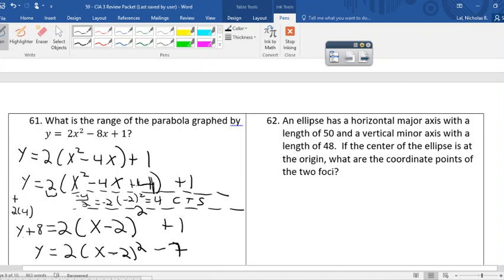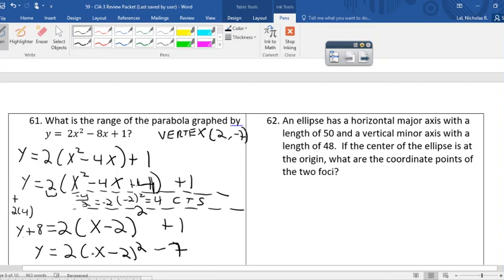We want to know that our vertex is going to be at (2, -7).